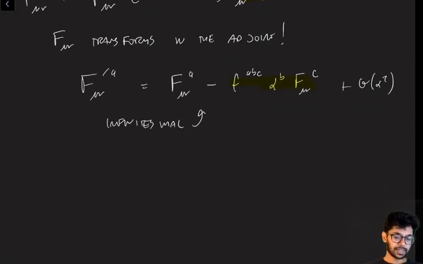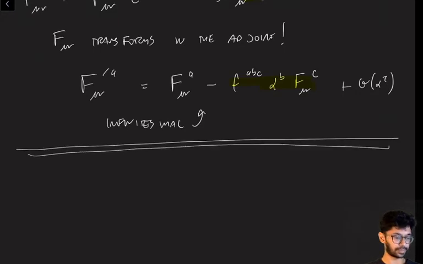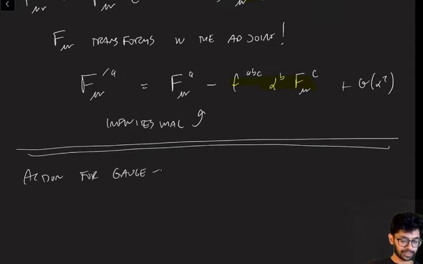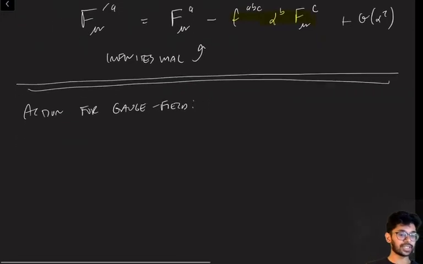Okay, so now that we have this object, we can construct a non-abelian gauge invariant action for this gauge field. And this is basically completely unique. Let me just tell you what it is, then we can discuss its properties. Just take the trace of the matrix valued field strength squared.